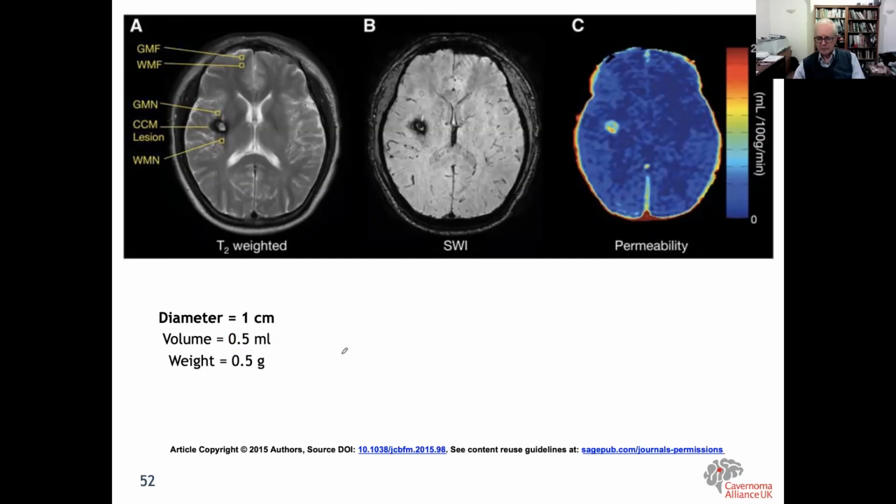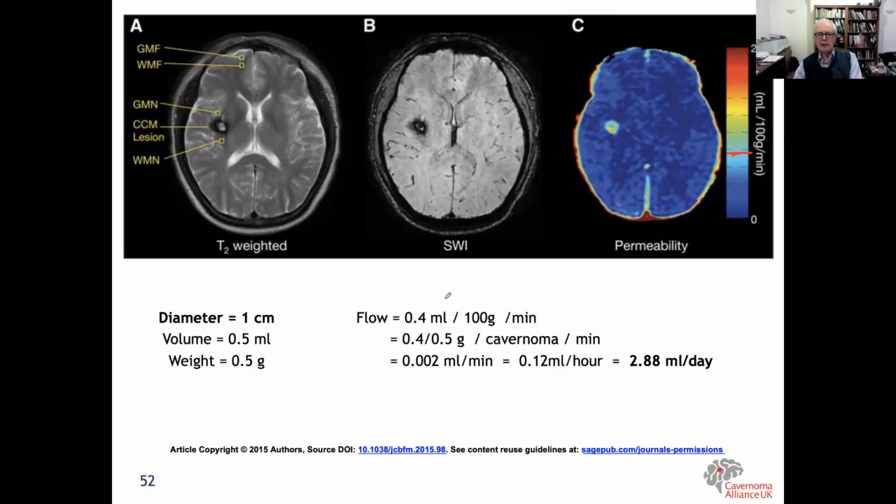So we've got the scale, and this light blue structure is around 0.4. This is 2 milliliters per 100 grams per minute. This is about 0.4 milliliters per 100 grams per minute. This red part in the middle is rather higher leakage.